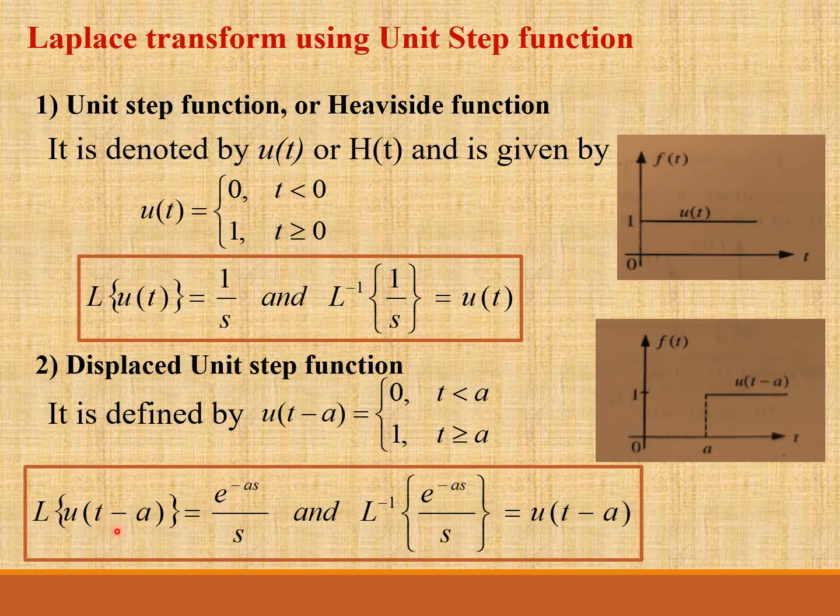Laplace of the displaced unit step function, that is u of t minus a, is equal to e raised to power minus as upon s, and inverse Laplace transform of e raised to power minus as upon s is u of t minus a.